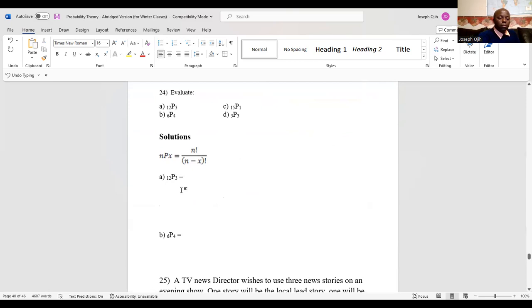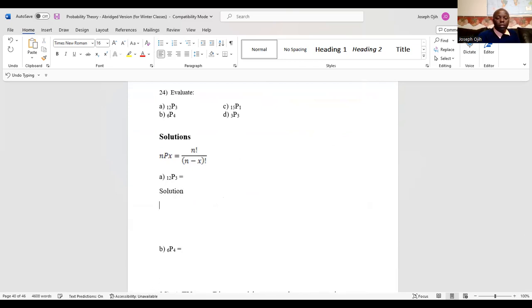Solution. Our n is 12, and our x is 3. So that's 12 permutation 3, which is what they want us to find.